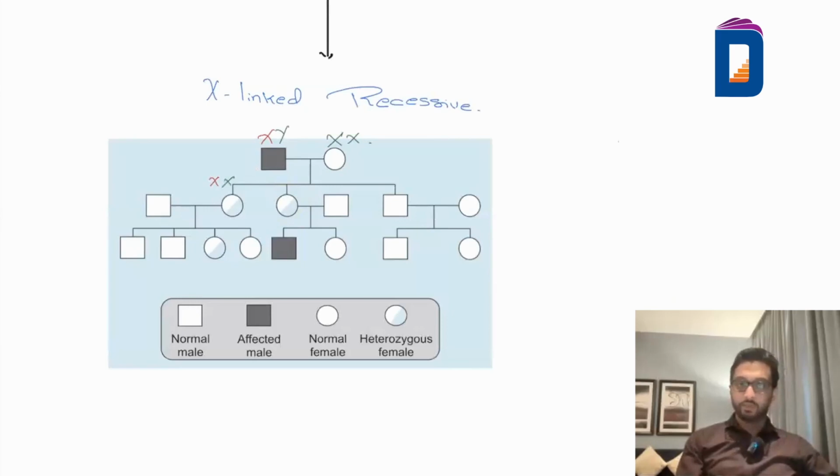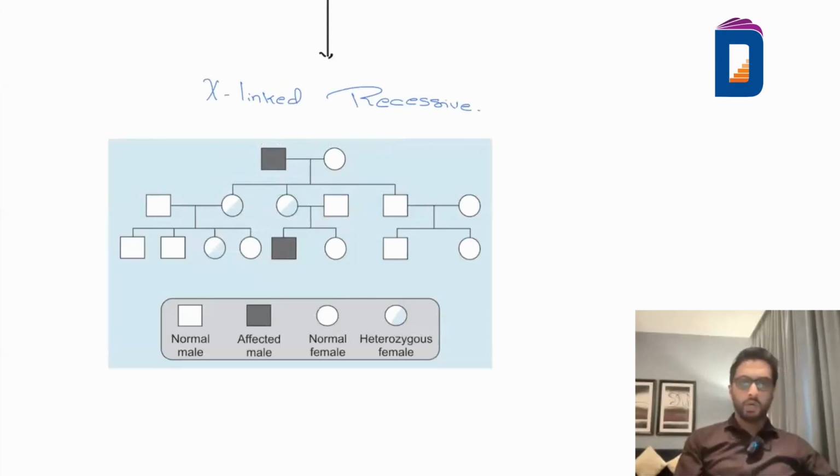But as it's a recessive disorder, it's a carrier state. Whereas this son is XY. So females are all carriers. There are no females having the disease. That's a speciality of this disorder.